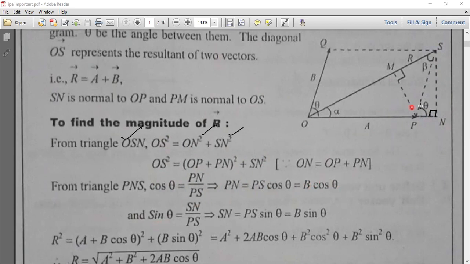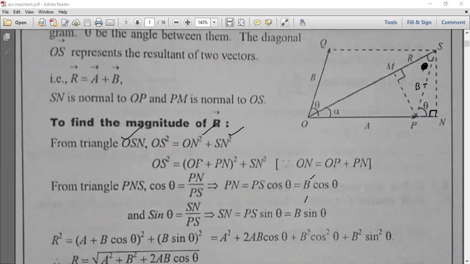Similarly, sin theta is SN, opposite, by this PS. So SN is equal to PS sin theta, and it is B sin theta, because this parallel side, I already told you, is B. So you are getting B sin theta and B cos theta.